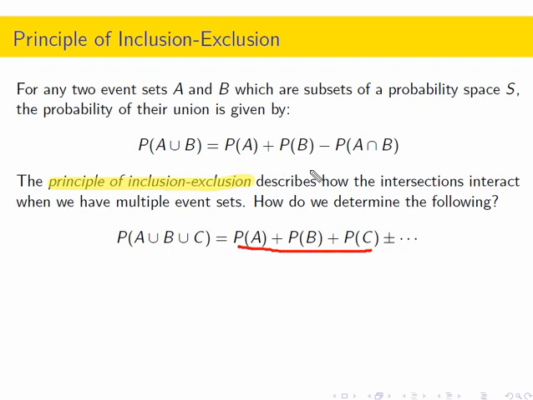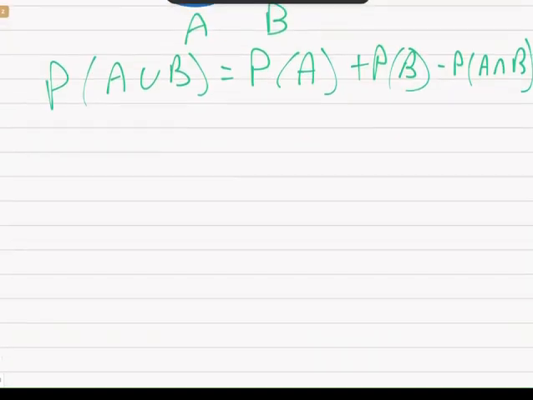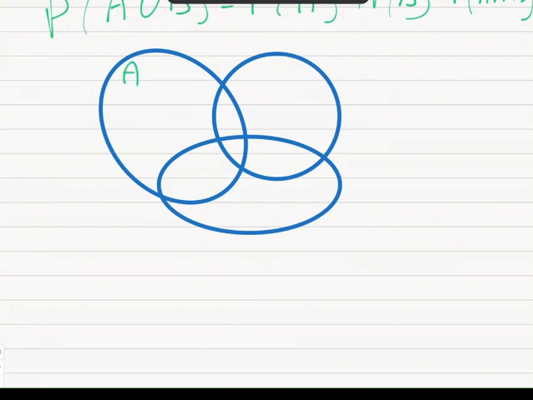And again, you'll understand why it's called inclusion-exclusion in just a moment. Okay, so let's draw our event sets. We have event set A and event set B and event set C.